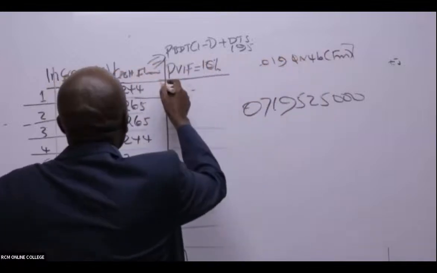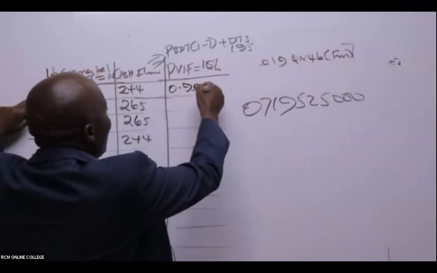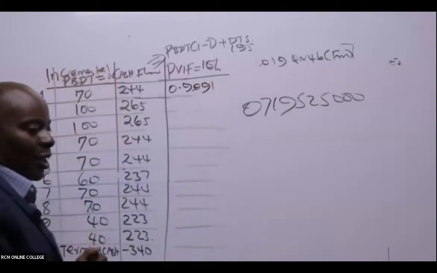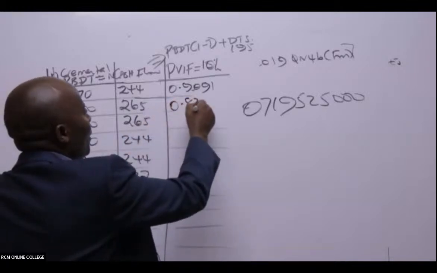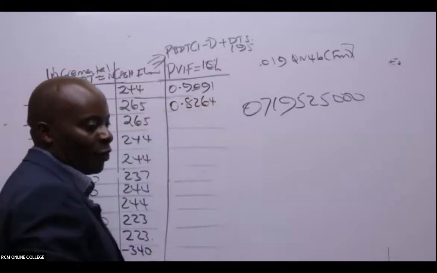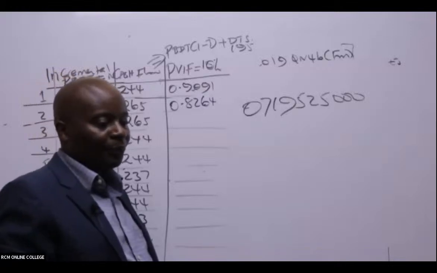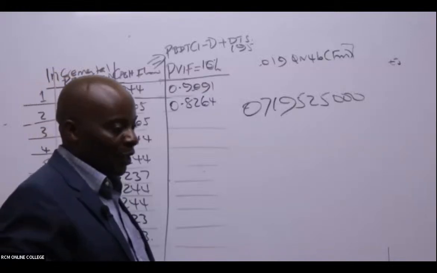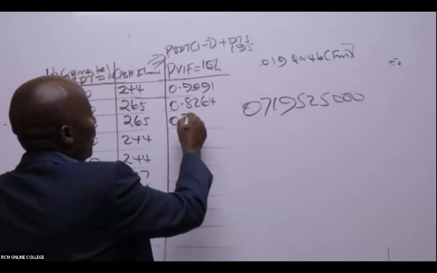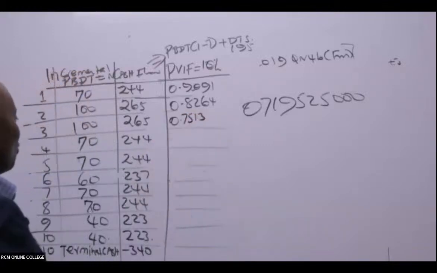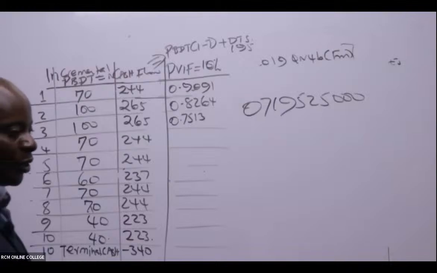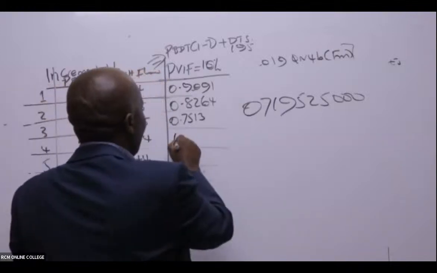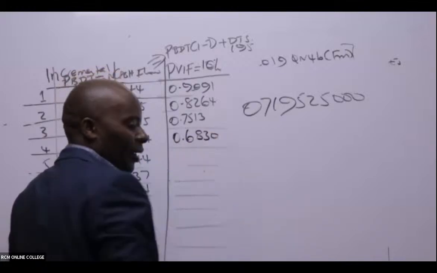So the first one, year one, 10%, it is 0.9091. Year two, from the table, 0.8264. Year three, 0.7513. Year four, 0.6830.